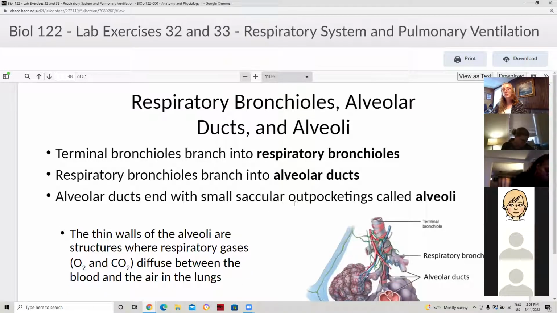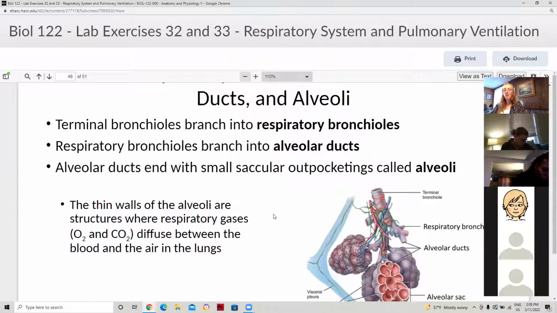The respiratory bronchioles branch off into the alveolar ducts. And the alveolar ducts end in outpocketings called alveoli, where the walls are so thin, the respiratory membrane is so thin, that oxygen and carbon dioxide diffuse between the air and the lungs.